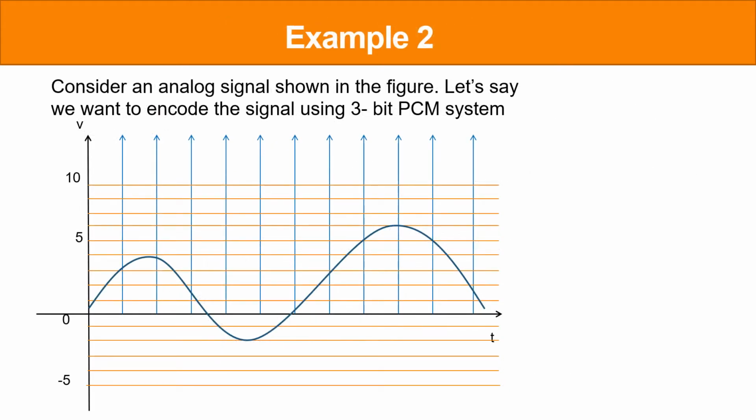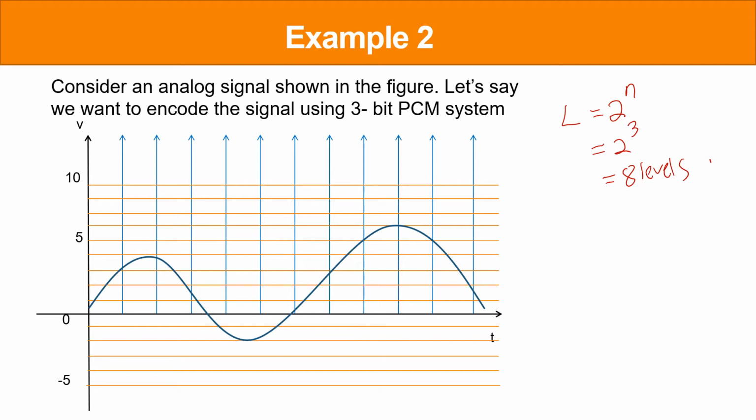So example 2: consider an analog signal shown in this figure. Let's say we want to encode the signal using a 3-bit PCM system. First of all, we need to know our levels. We know that L equals 2 to the power of n, so our level is 2 to the power of 3, which is 8 levels.